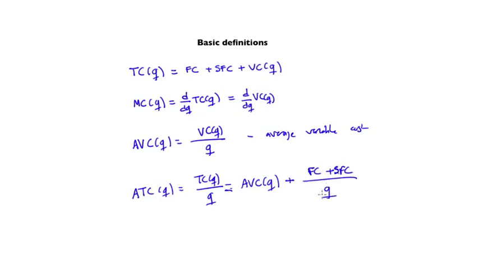Okay. Now, let's look at several concrete examples of cost functions that are going to give us a lot of intuition for the type of firms that we may model and also for how to apply the concepts that I just defined. So the first one is what we're going to call constant returns to scale.